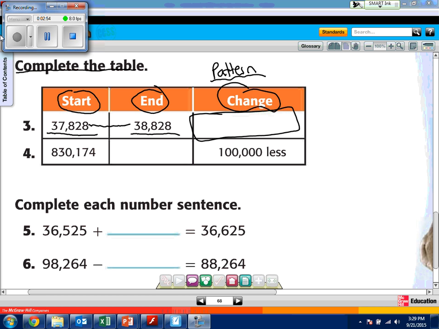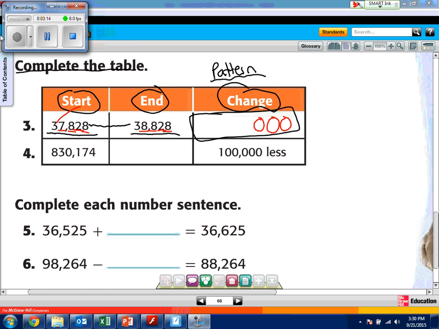So what I want to start doing is I'm going to go ahead and start comparing the different place values. So here's my 8, my 8. Nothing changes, so I'm going to put a 0 right there at my ones place. Here's my tens place, 2, 2, nothing changes. Here's 8, 8, nothing changes. 7, 8, interesting.